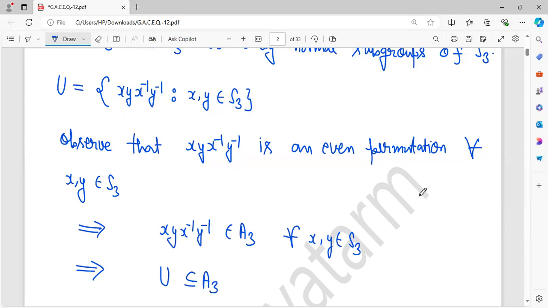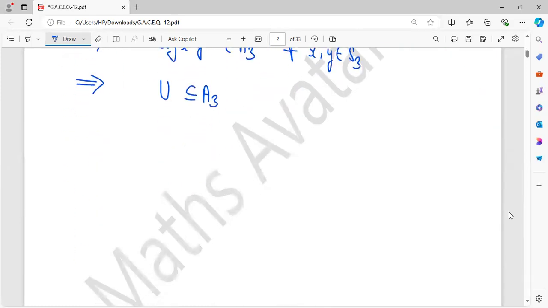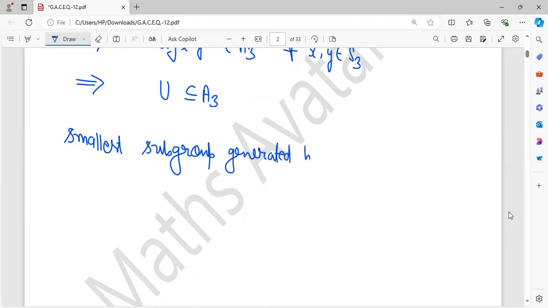Now the smallest subgroup generated by U is G dash.